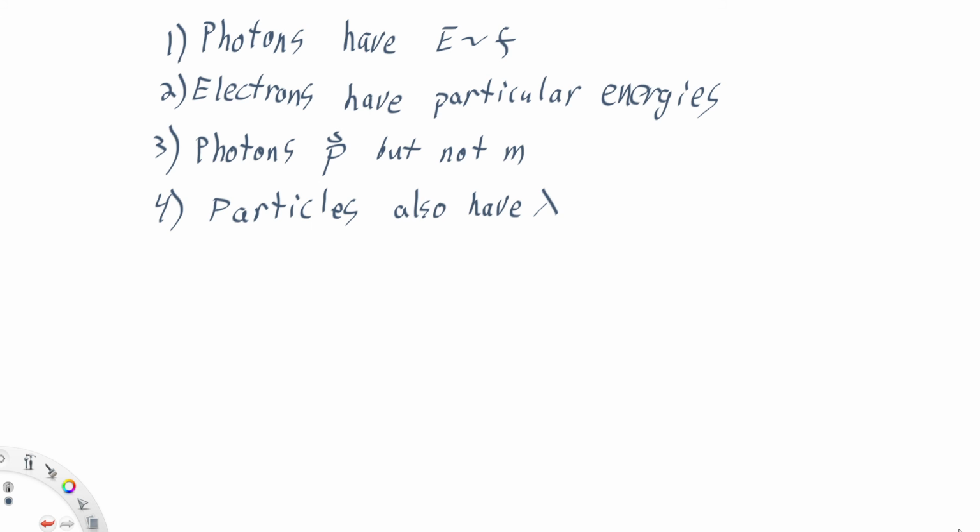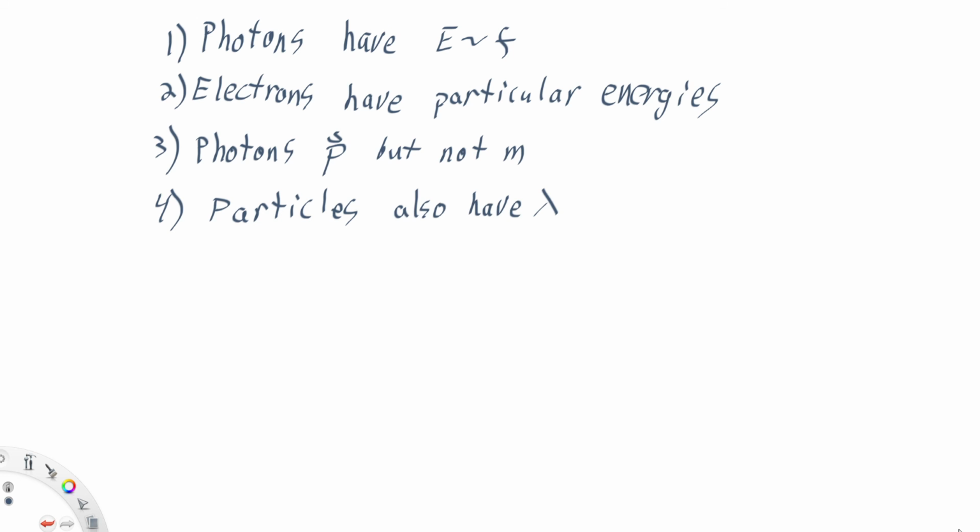When you say electrons have particular energies, what do you mean by particular energy? Like, they can't have just any amount of energy, right? So when we did 151 and you solve for, like, what's the kinetic energy of a train going up a hill, it could be any number, right? It could be 14, it could be 14 and a half, it could be 15 joules, it could be 1,000 joules, whatever number.